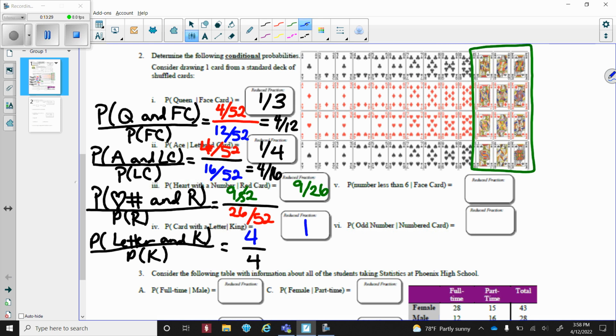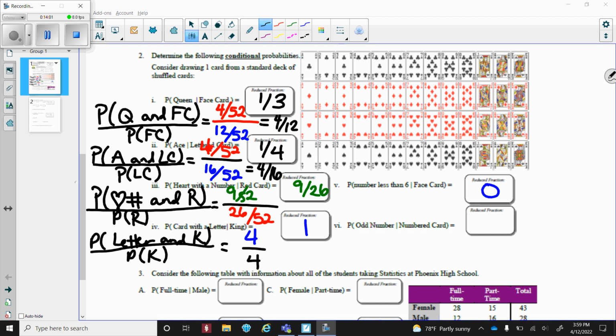The numbers less than 6 are going to be on the left-hand side of this blue line that I've drawn. Jack, Queen, and King are not less than 6. So we don't even have to do any math for this one. We can say this is not possible. You cannot have a face card that is less than 6. So that probability is just 0.